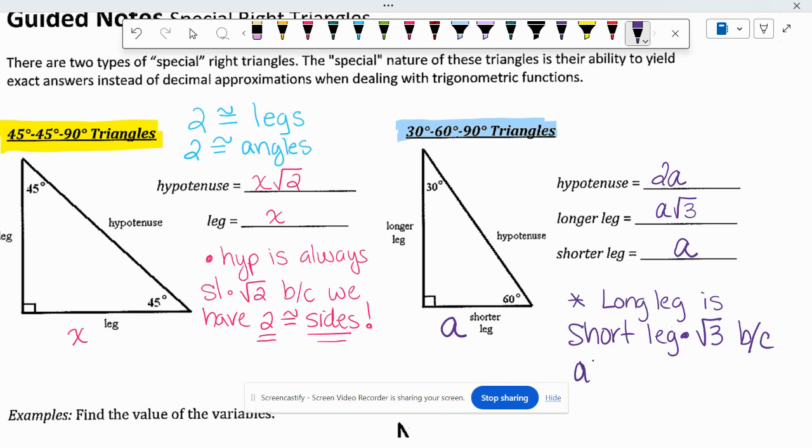Because all 3 sides are different. That's how I remember that this one has like a 3 in the radical. All 3 sides are different.